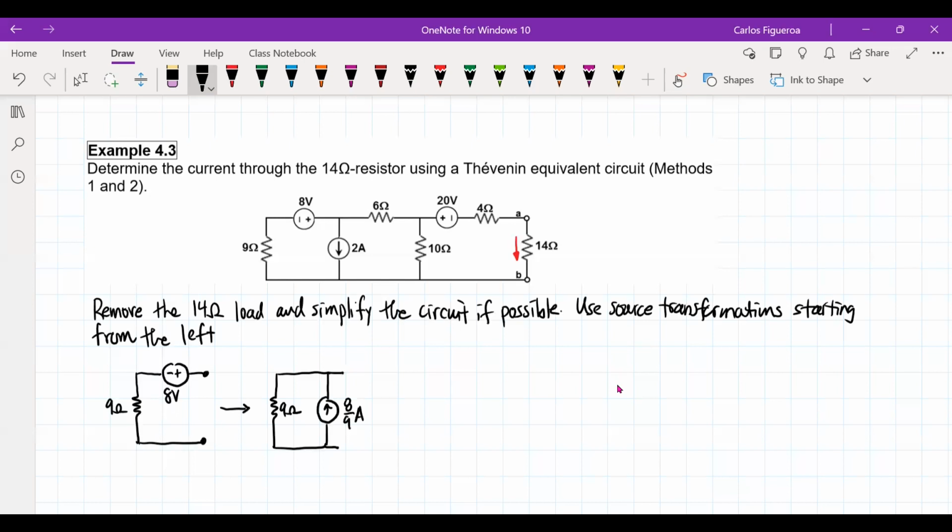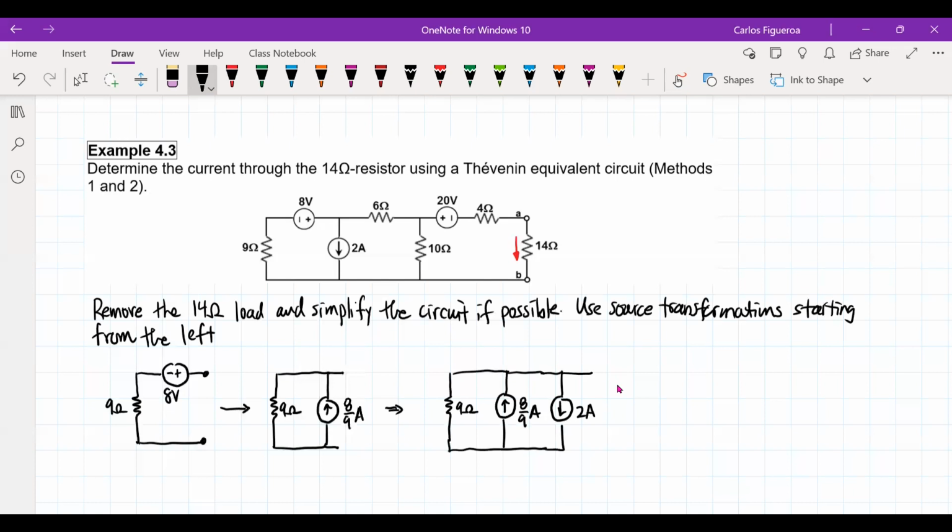So now I can redraw the circuit, and it looks something like this. I'm going to have a 9 ohm and an 8/9 amp source. But now the circuit has a 2 amp source that looks like this.